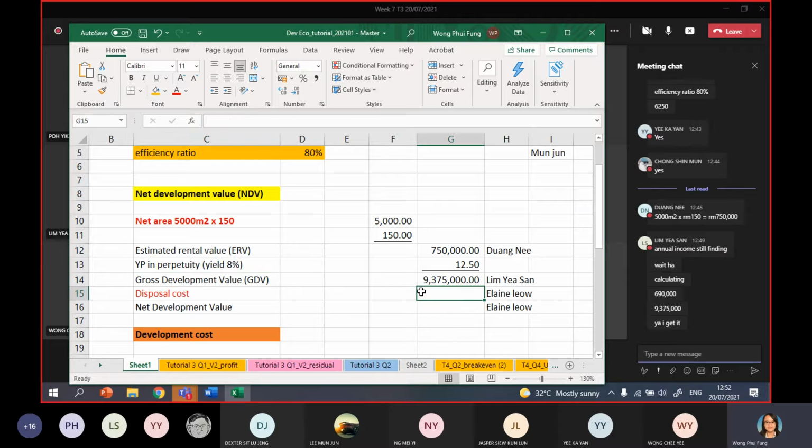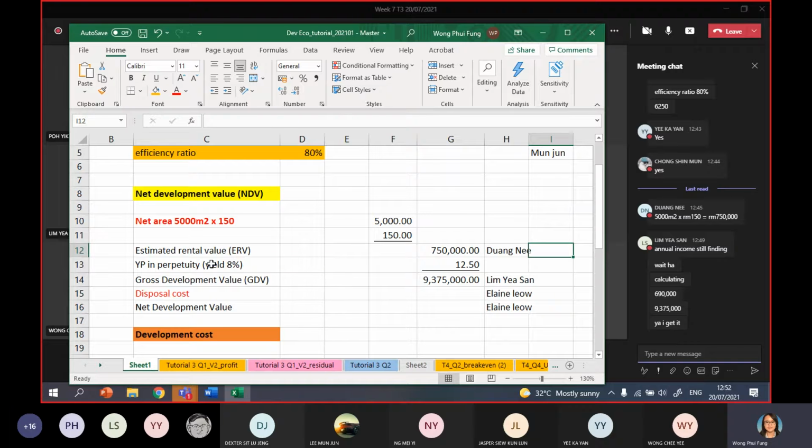All right. So Elaine, your turn. So annual rental is 750,000. But the problem is this is the annual income. In commercial property, we have to assume that we can collect the rental forever.